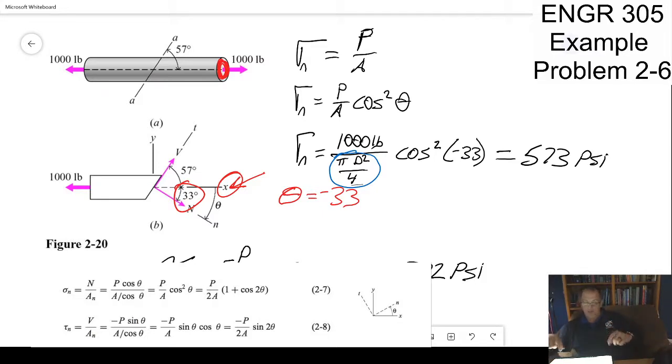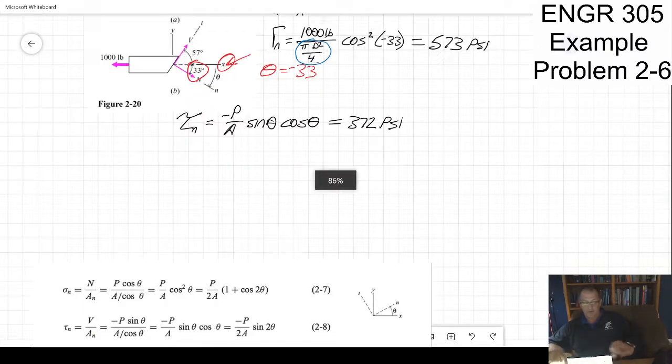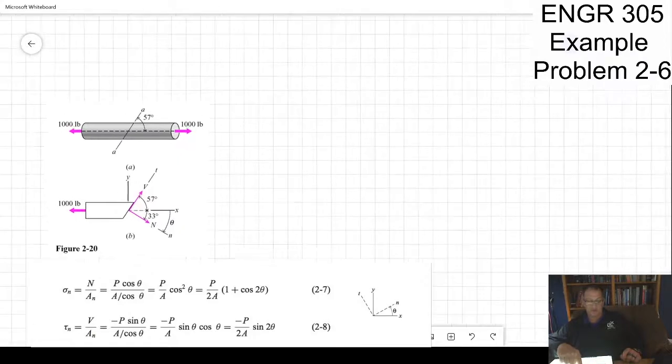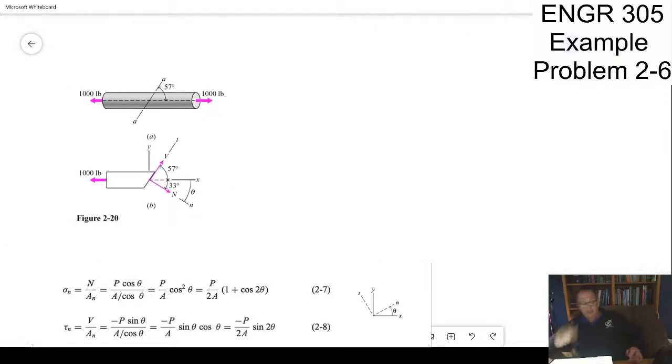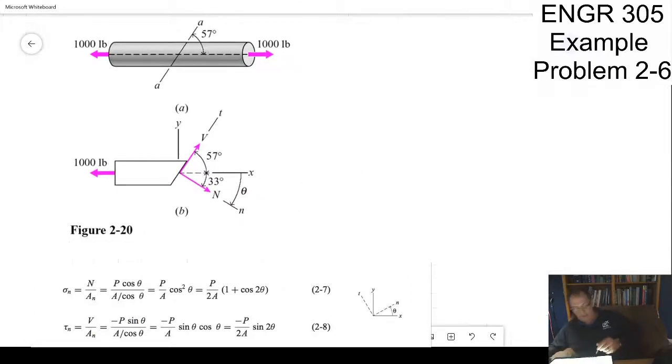Now, there's one other thing about this problem that might be interesting. I want to pull up this figure again, because there's another way of looking at this face that I'm cutting on. What if I drew that as my normal?